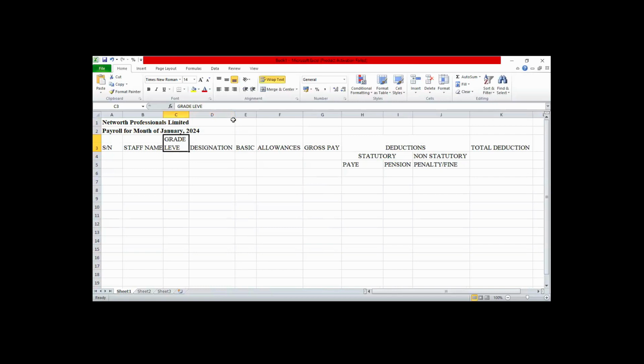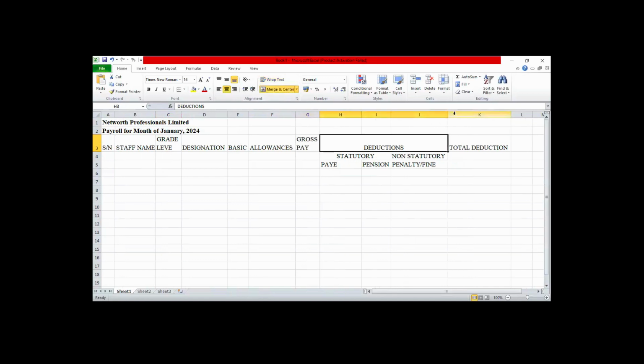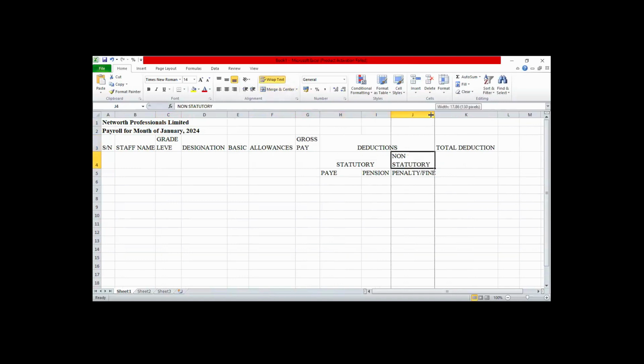I'm trying to reduce the length of those things. Grade level. Okay.